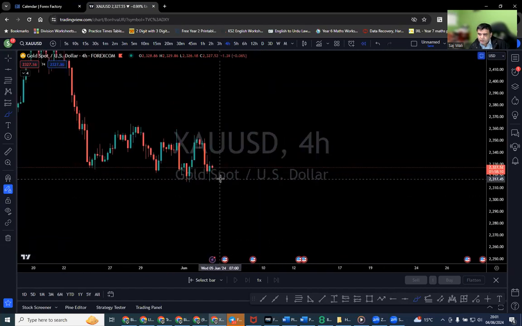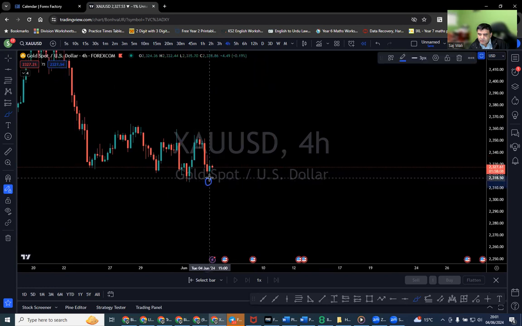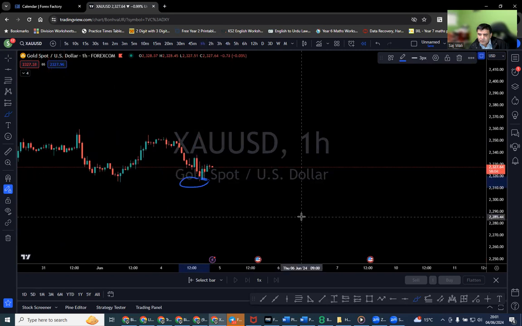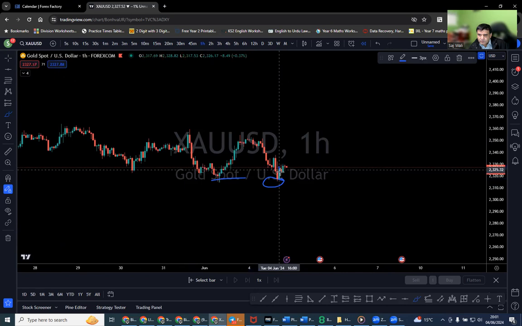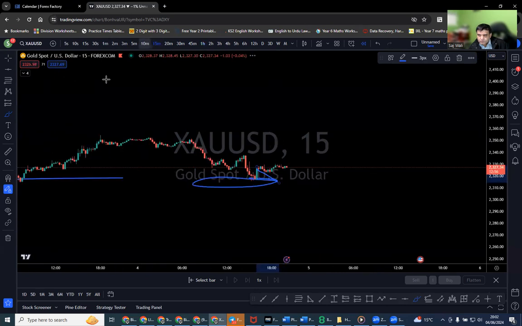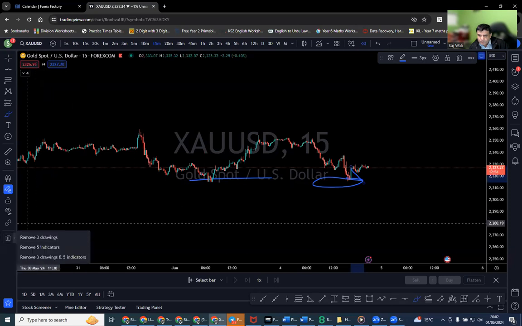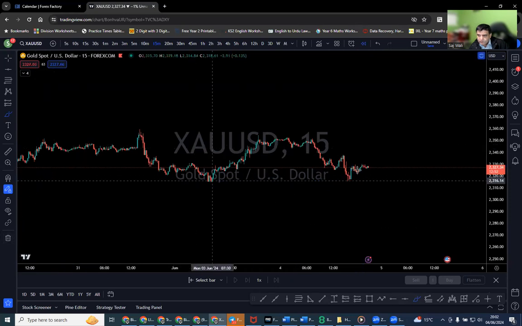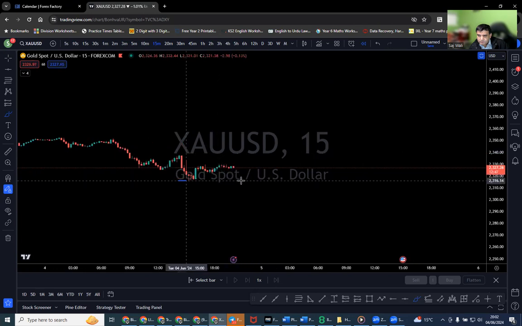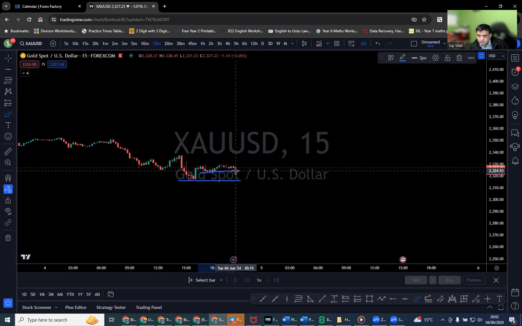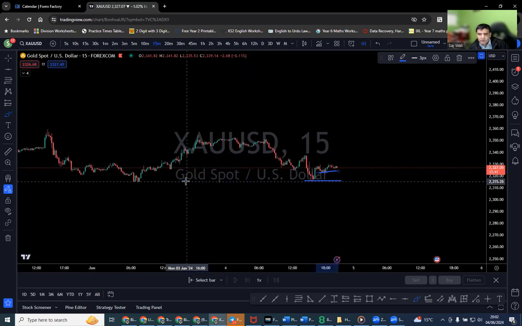We see the rejection here, and that was a buy trade from here. In a smaller time frame, you can see this double bottom and this big candle telling us to buy. And going on to 15 minutes, see, it's a buy from here. This is the lowest point.